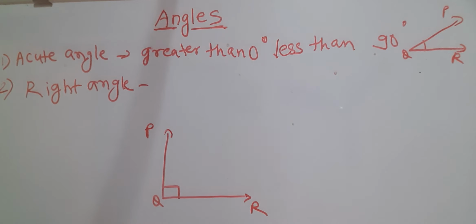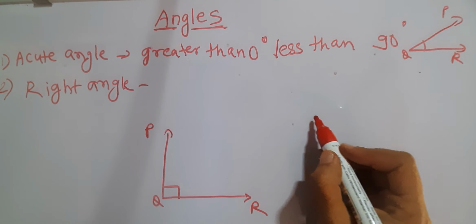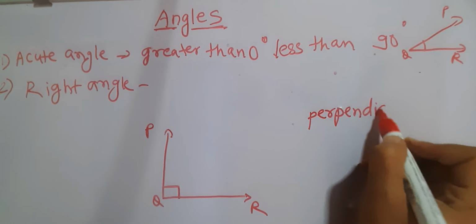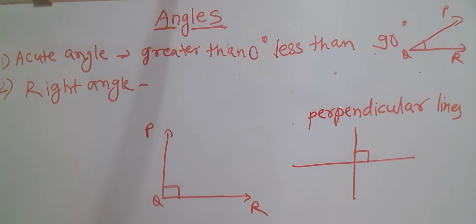Also, when a right angle is formed, there is one type of lines we can talk about, which is perpendicular lines. What is a perpendicular line? When two lines intersect exactly at 90 degree, then we can say the two lines are perpendicular.